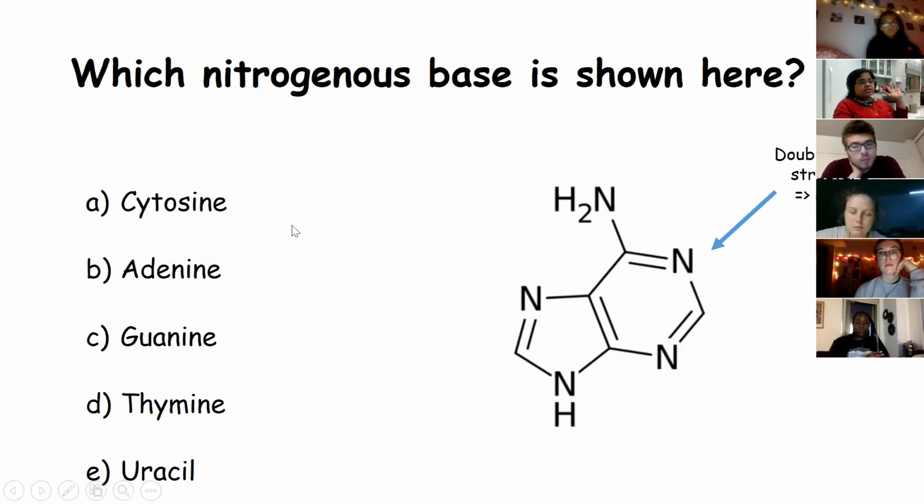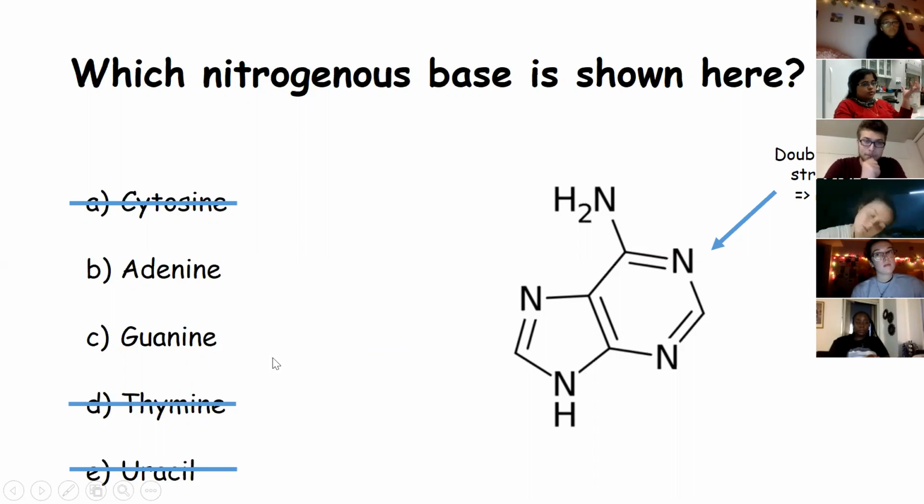It's a purine. So once you see it's a purine, you can knock out cytosine, thymine, and uracil because those are pyrimidines and single ring structures. Then you have adenine and guanine remaining. So in guanine, the distinguishing factor that we have is the carbonyl group.